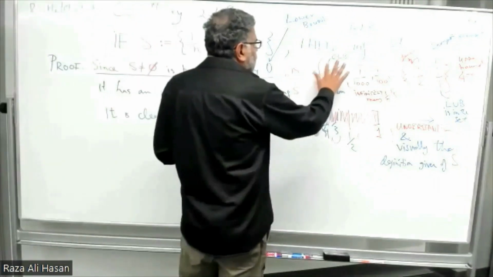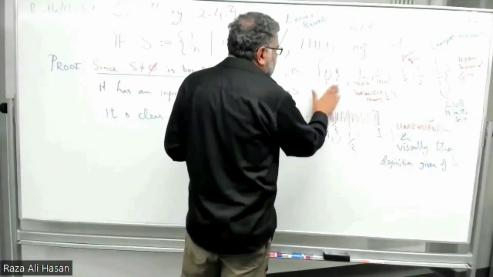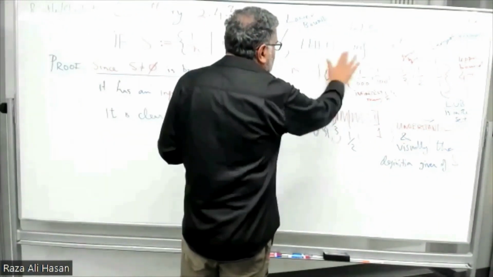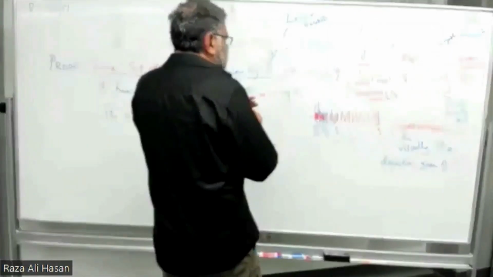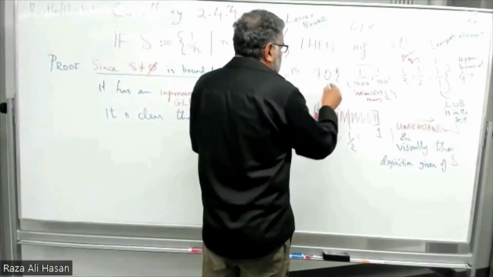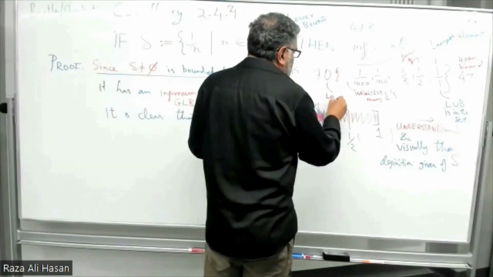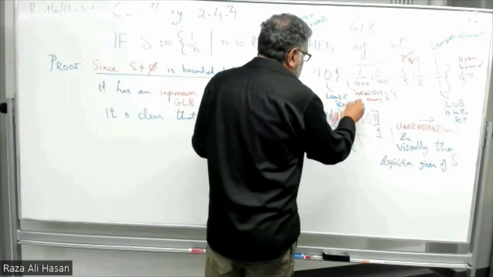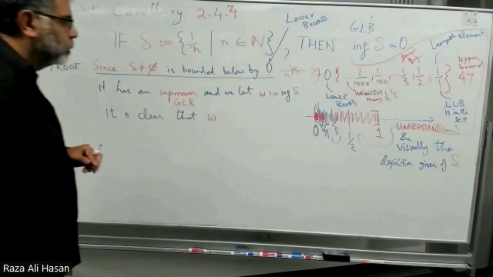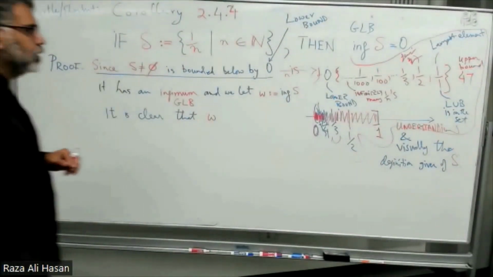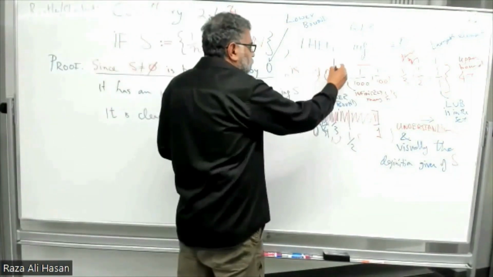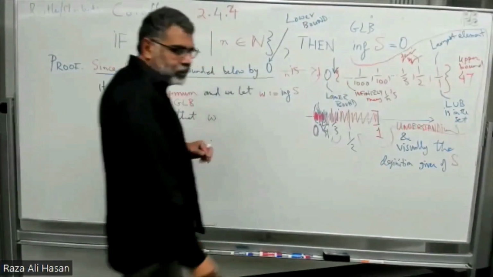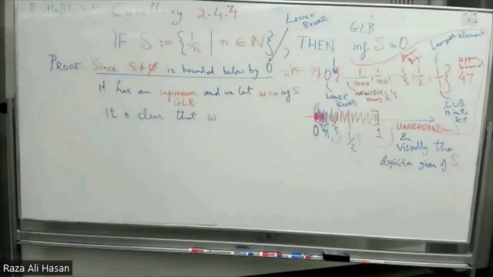All we know is that this is a lower bound, so W could be less than, greater than, or equal to it. And can it be in the set itself?